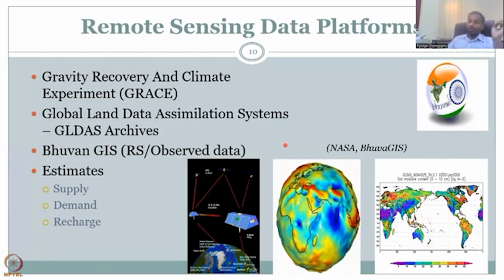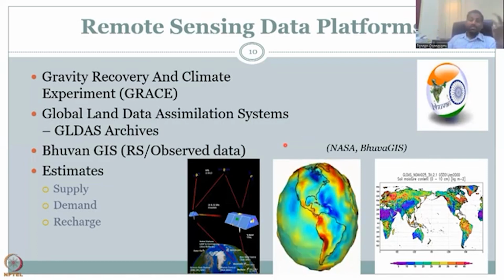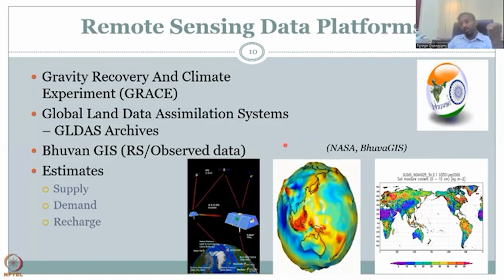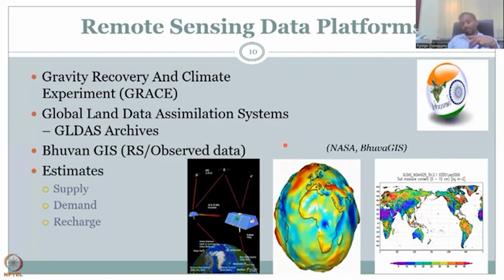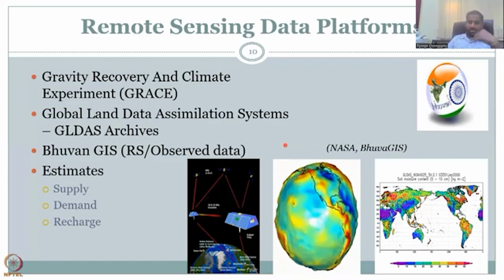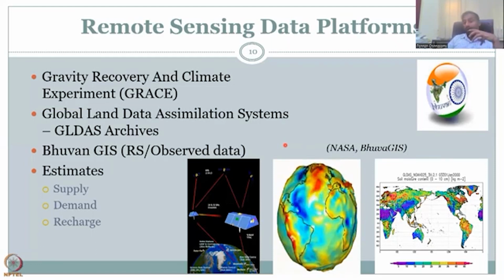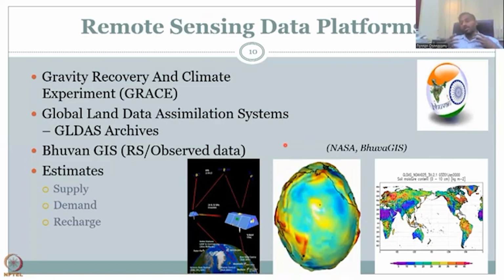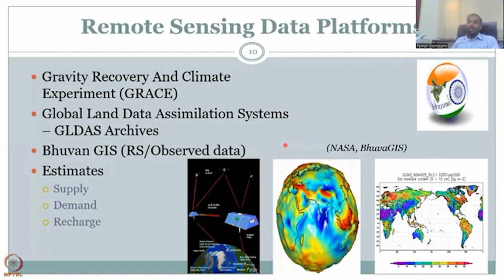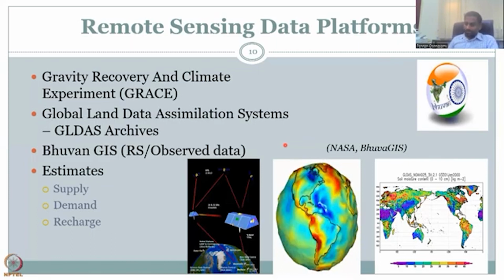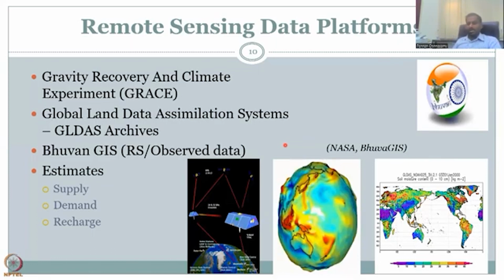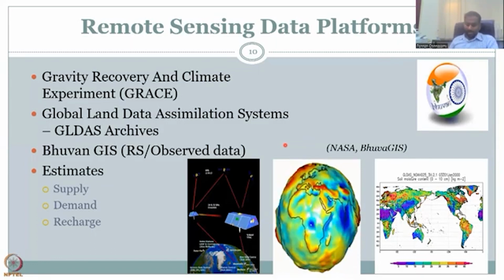Supply is how much groundwater is supplied to the crops. The demand estimates how much water is needed, and the recharge. In the supply, demand, and recharge, supply and recharge can be estimated by GRACE, whereas the demand, how much water is needed by the crop, is modeled using the Bhuvan GIS archives and GLDAS data sets.